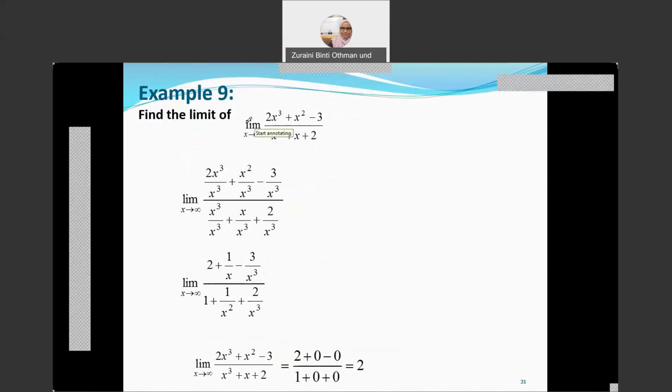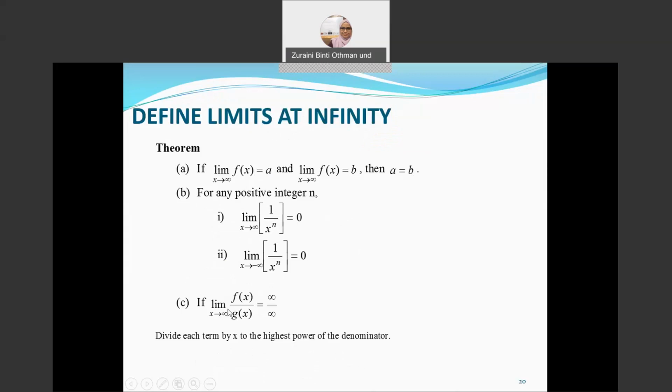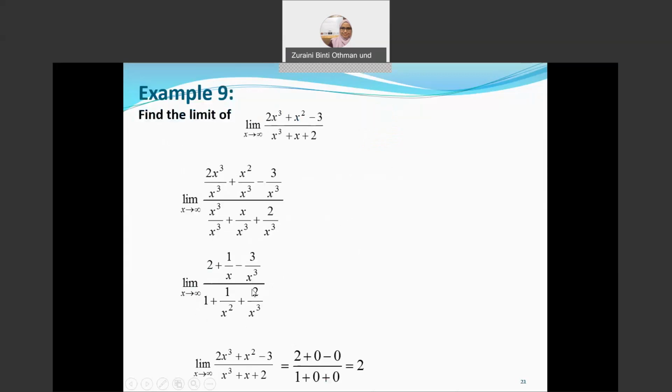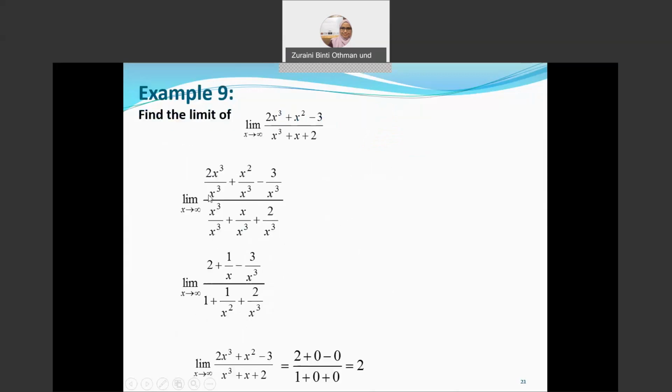Okay, so sekarang kita nampak dia ada atas bahagi bawah, bila kita letak infinity dalam ni, kita akan dapat nilai infinity over infinity by referring to the previous theorem.